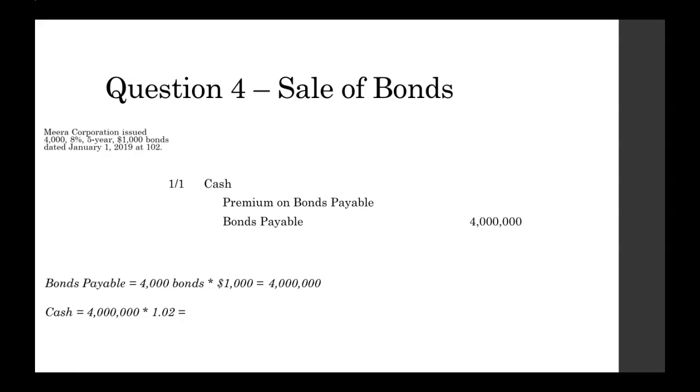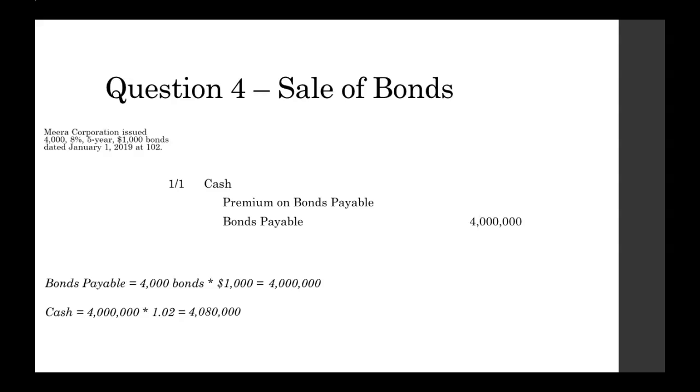How about our cash? We take our bonds payable amount, that 4 million, and multiply it by 1.02. Where did we get that 1.02 from? Well, it told us that we issued at 102. That's 102%, which in decimal form is 1.02.